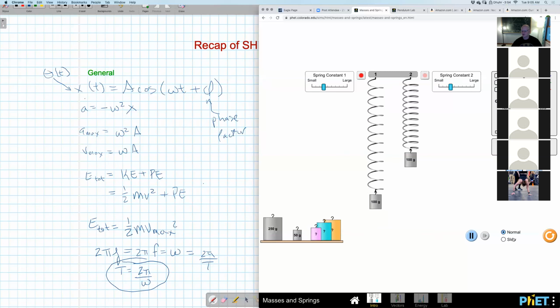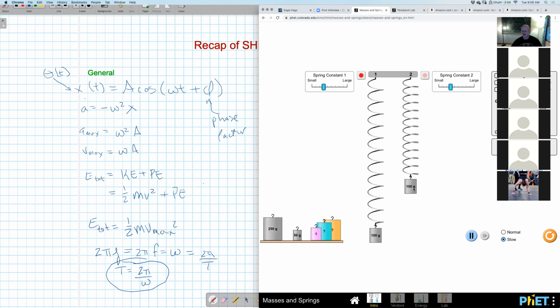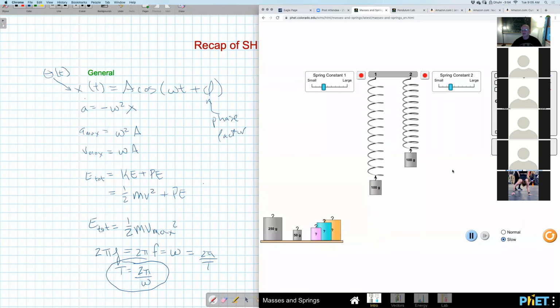Let me put this in slow motion. Or if I pull it down only a fraction of that distance and let it oscillate, the period of oscillation for each one of these systems is identically the same.